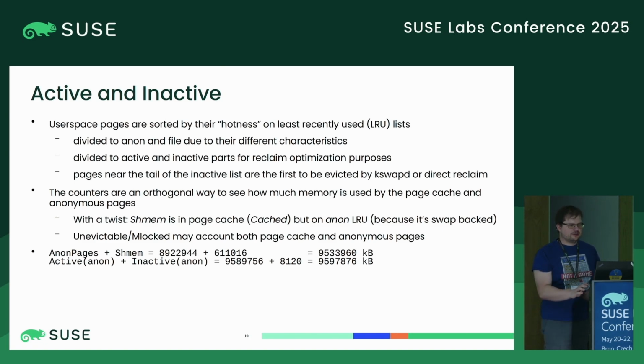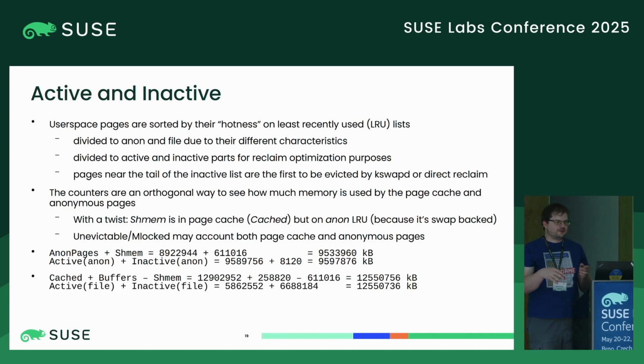And we can see that it almost matches. There will always be some pages in some intermediate per-CPU caches that will mean it will not be exactly the same, but it's almost the same. And for the file side, we can do the same, but we have to subtract the shmem in this case, because it's not on the file LRU, but on the anonymous LRU.